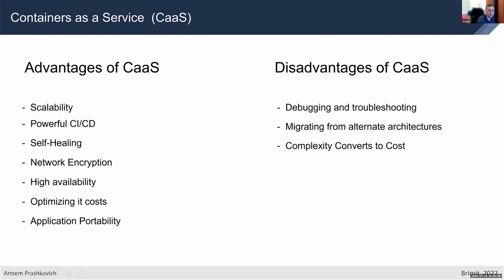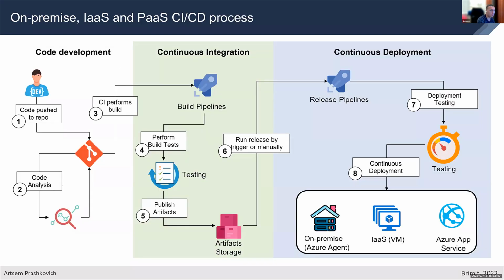So I think now I can talk a bit about the deployment process. This diagram explains the different approaches to how we deploy our application to almost all options that you can utilize with Azure, as well as on-premise.